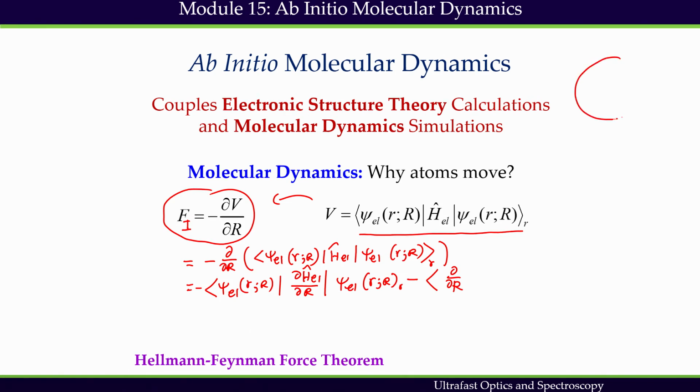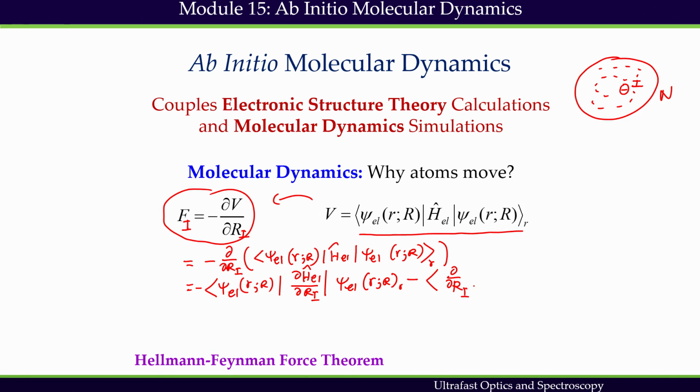We'll consider this force acting on a particular nucleus. Let's say I have a system with n number of nuclei. We are talking about the nucleus denoted as I, which is why we are talking about the I coordinate. With respect to the I coordinate, we are going to look at this problem.